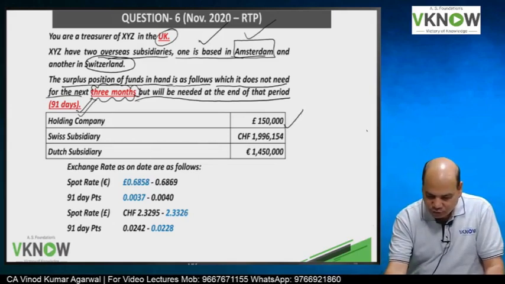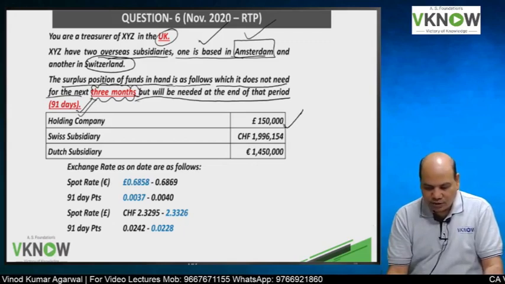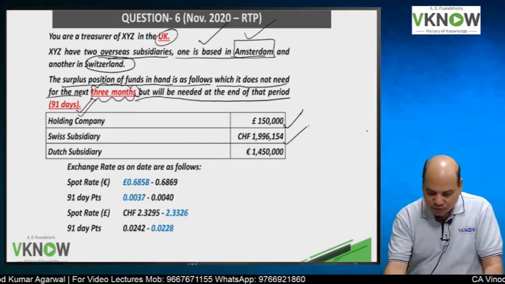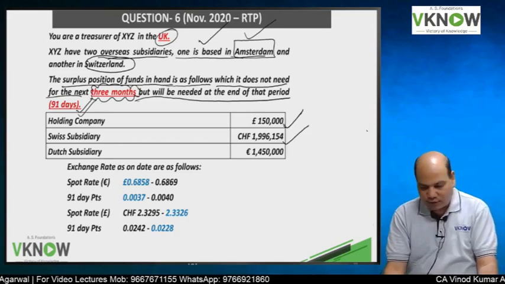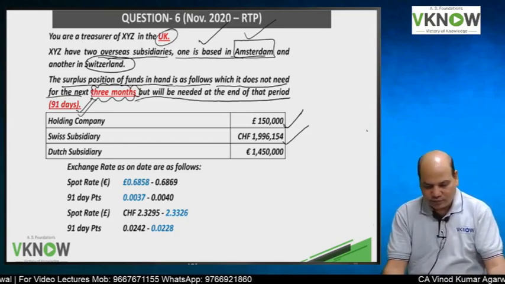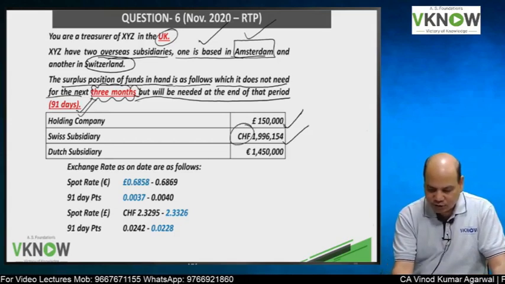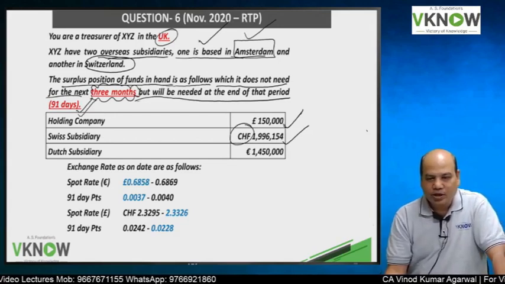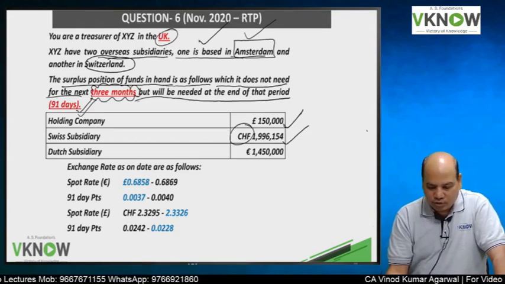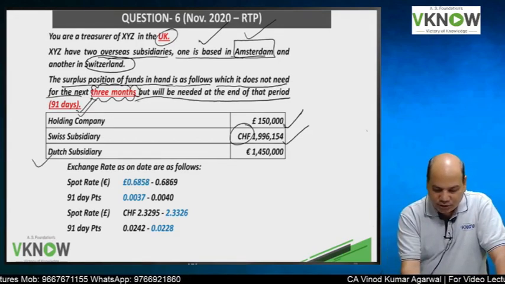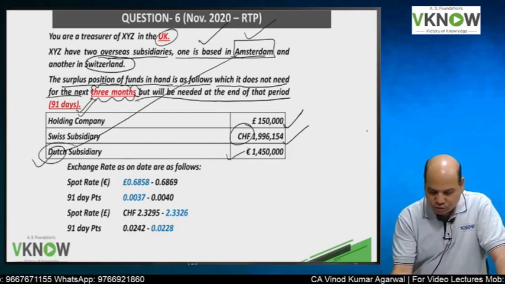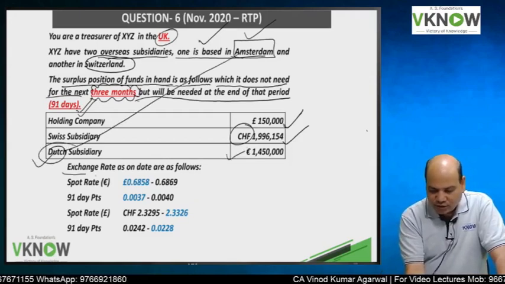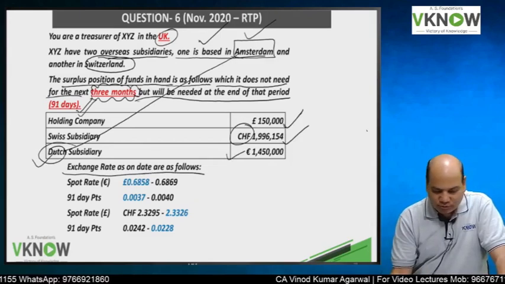The holding company in UK has 1,50,000 pounds. The Swiss subsidiary has 1,996,154 CHF, the currency of Switzerland, Swiss franc, and it is written as CHF. And the Dutch subsidiary, meaning Amsterdam, uses euro. Exchange rates are as follows.